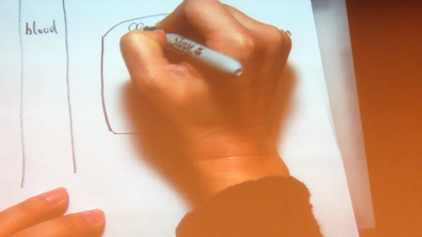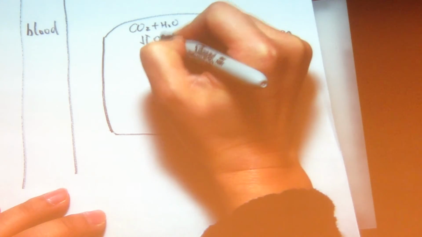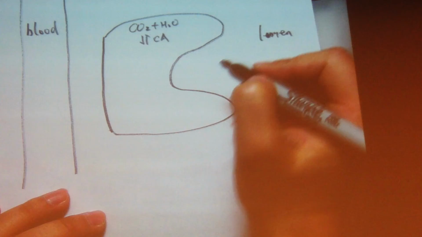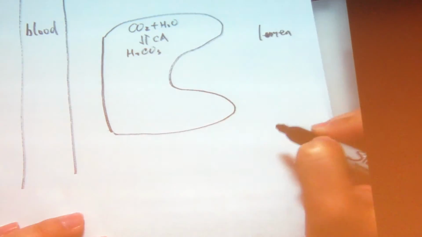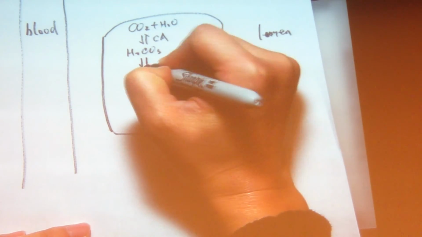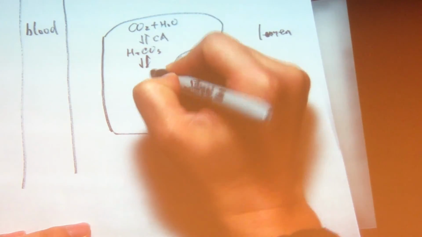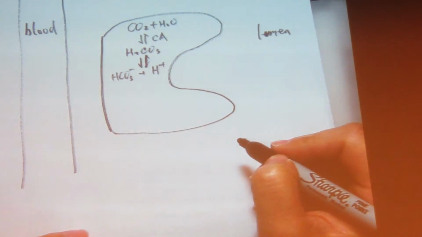So what happens is this is using your metabolic waste to generate hydrochloric acid, and how it's generated is using CO2. So CO2, water, and in those cells they express a lot of carbonic anhydrase. So CA stands for carbonic anhydrase. That makes your carbonic acid, and then this dissociates into hydrogen ion and bicarb.